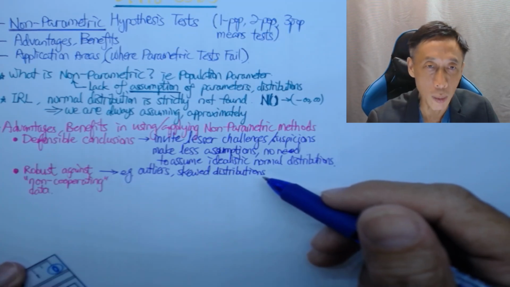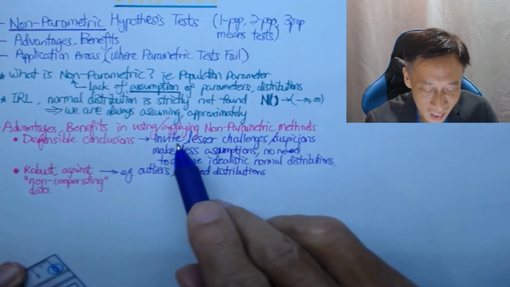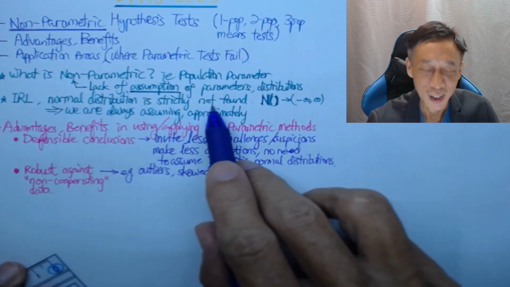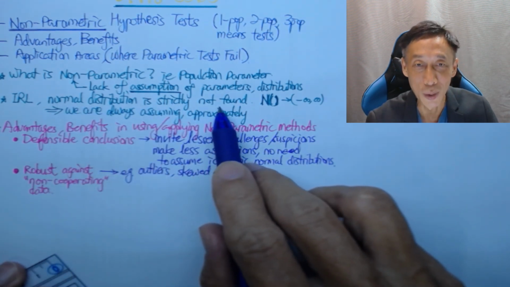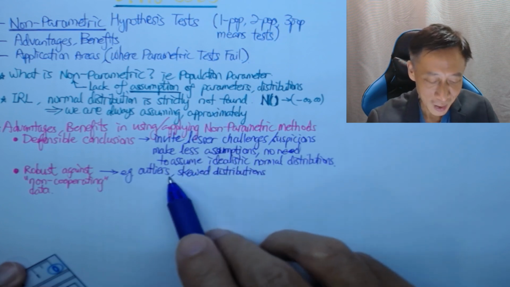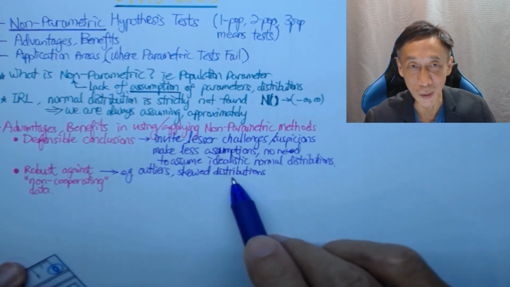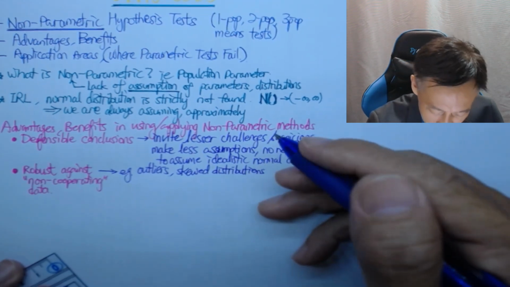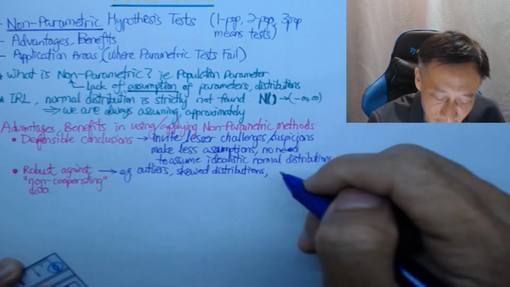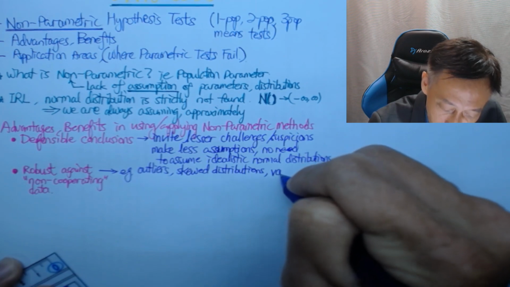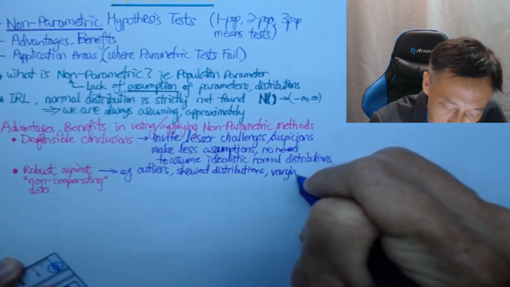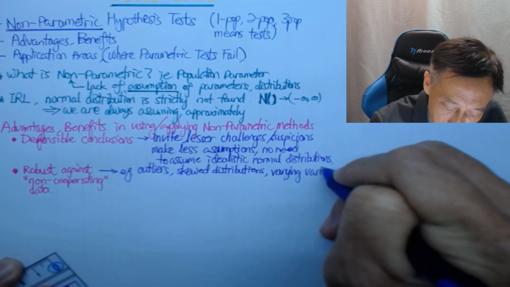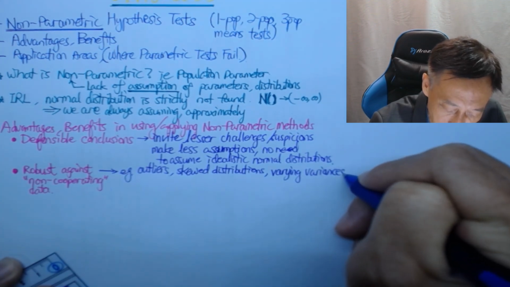It's the opposite: normal distribution is hardly found. So normal distribution is really abnormal, and abnormal distributions, if I may say, skewed distributions, are the norm, right? They are the norm. You also have data that gives you varying variances that change, right?